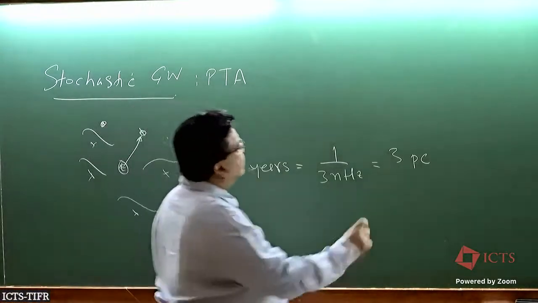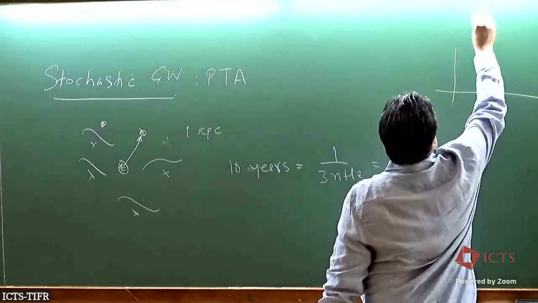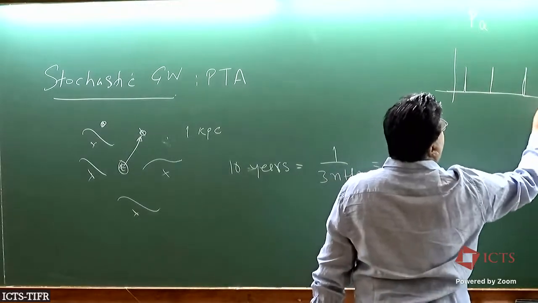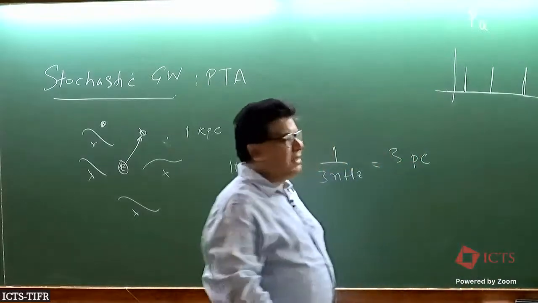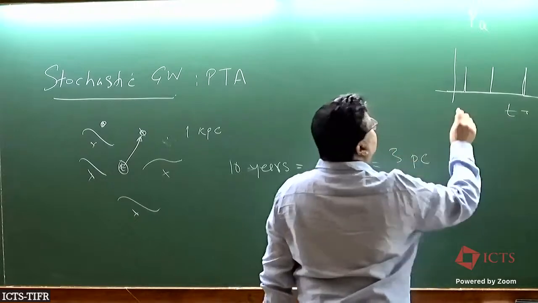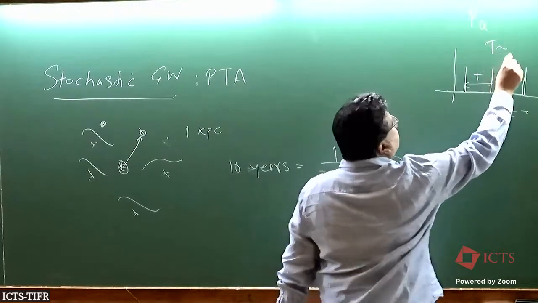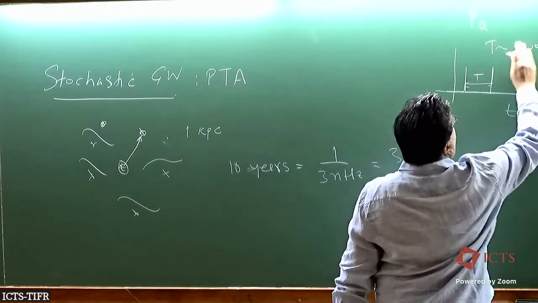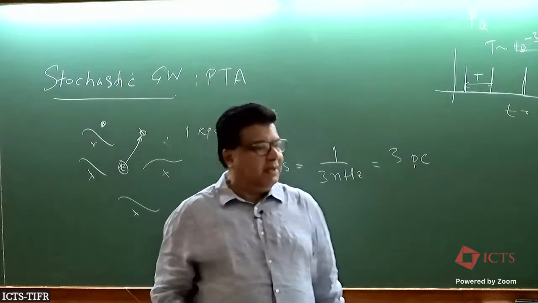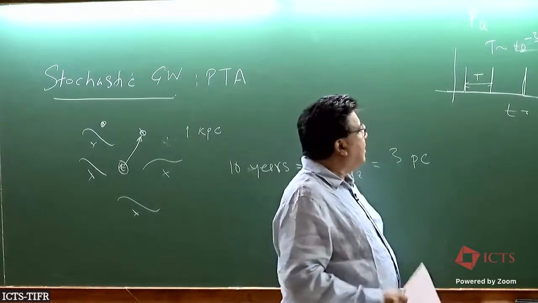So what is observed is that you pick a pulsar, let's say pulsar A, and you have a model waveform with a mean time of arrival, the time of arrival of the peak. The period T is like a millisecond, and this goes periodically.